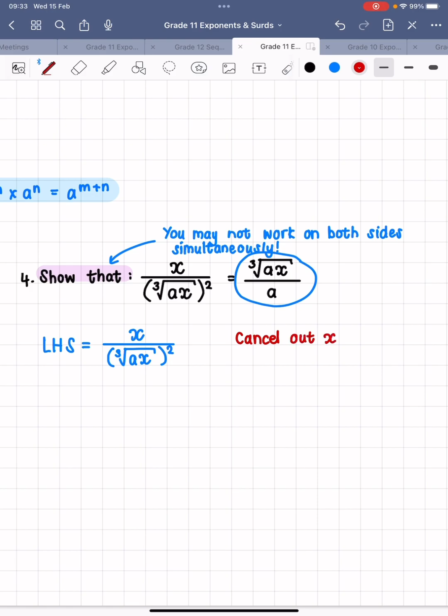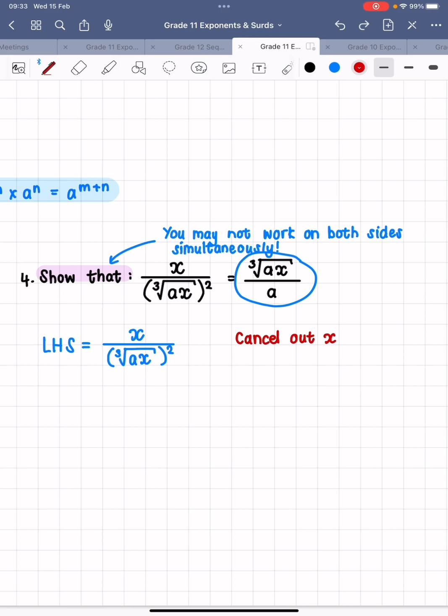Now at the moment what we have here, we are not able to cancel out that x, because if we look at the denominator, we are kind of stuck with that third. We have a cube root of ax, and then that is to the power of 2. Now guys, if we had a cube root of ax to the power of 3, then we would be able to say that the cube root and the cube will cancel each other out, which will leave us with an ax at the bottom. All right, so that's something to think about.